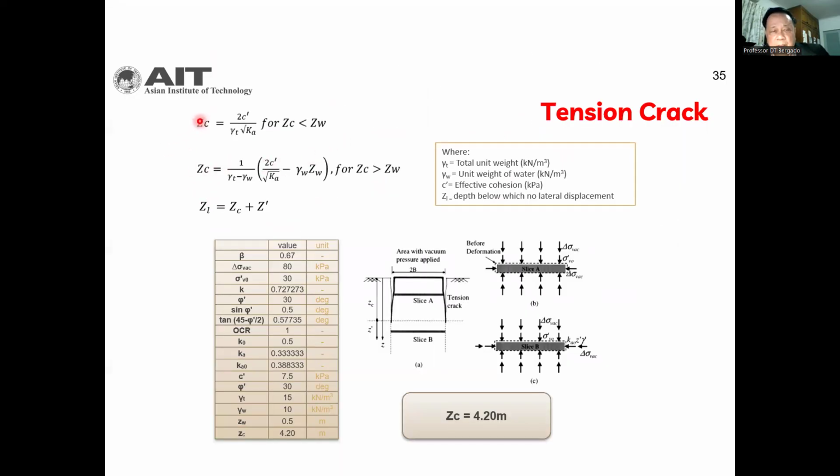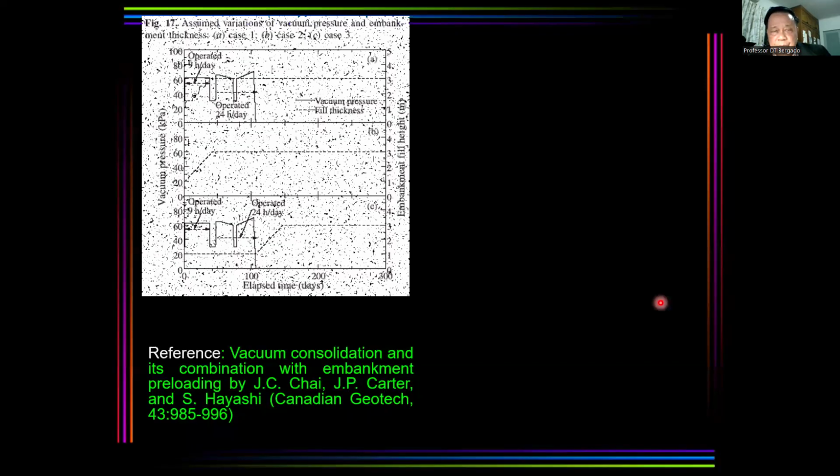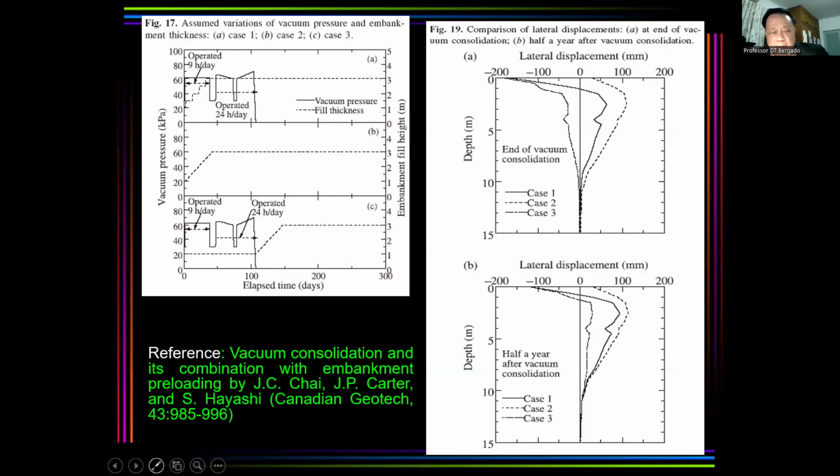So Chai also in that paper derived the depth of the cracking. And in our case here, using these parameters, the depth of cracking can be as much as 4 meters depth. His paper also demonstrates a combination of vacuum and embankment.